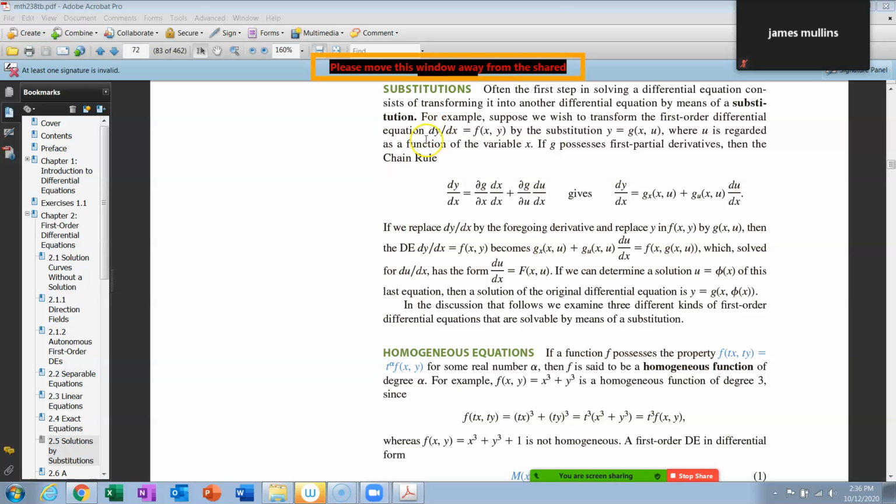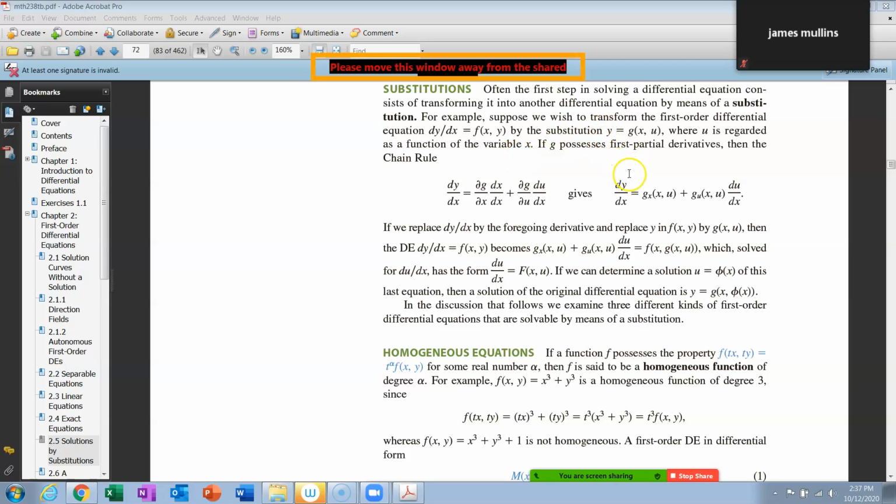So dy/dx is some function of x and y, and we're going to assume that y then is a function of x because it's the dependent variable, but it's through this function g, which is g of x and u of x. g is a function of x and u, so g is a function of x, and then g is a function also of u, which is also a function of x.